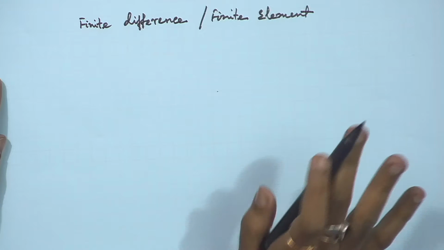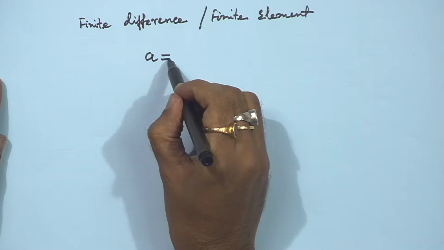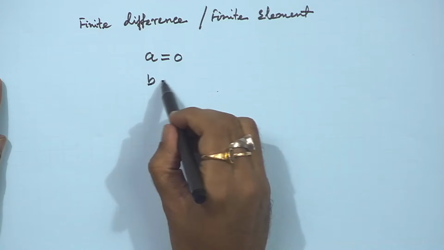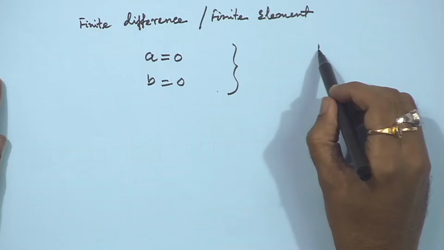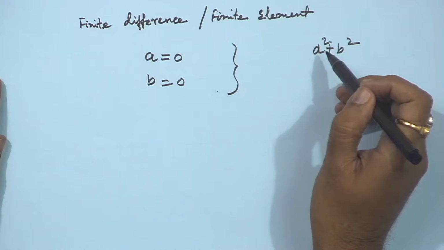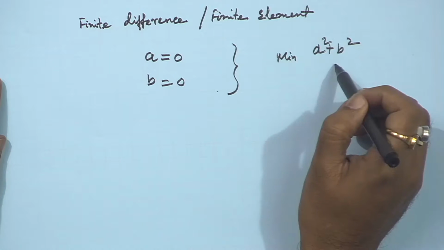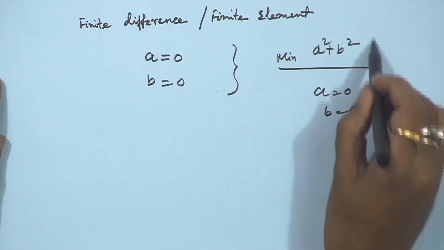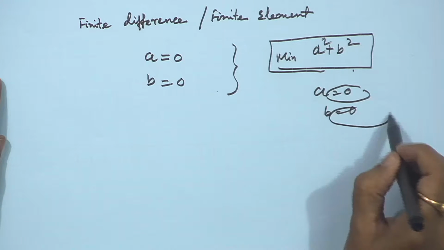The approach or concept is simple. Let us say that you have two equations, which is A is equal to 0, B is equal to 0. From your class 10 or 12 knowledge, you know that A square plus B square should have a minimum value, and that is A is equal to 0, B is equal to 0. So, if you solve this problem, actually you are solving this thing.